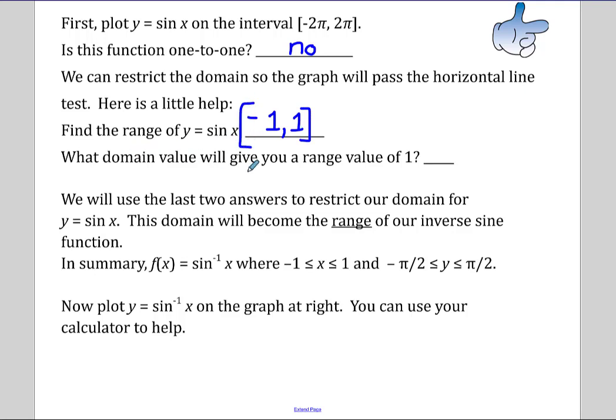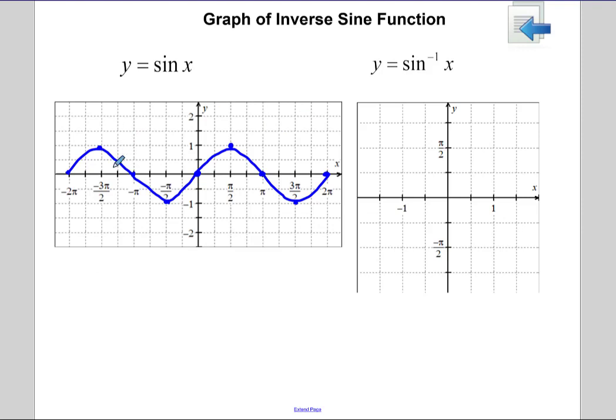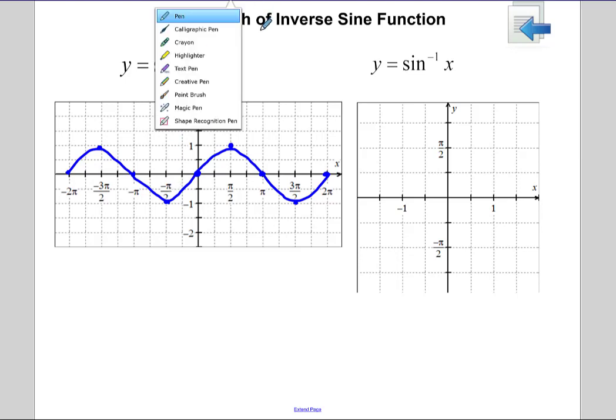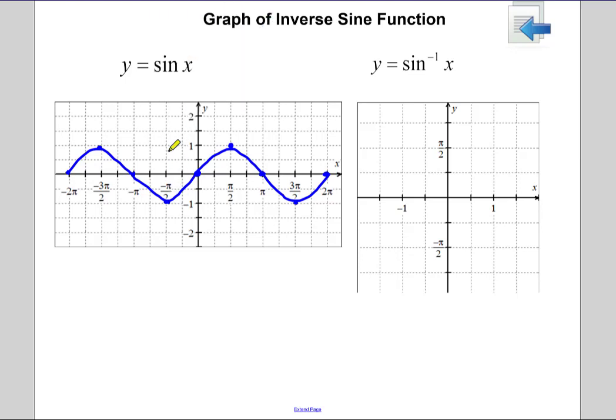Which domain value will give you a range value of positive 1? Let's go look at that. I can get a range value of negative 1 right here, and I can get a range value of positive 1 right there.